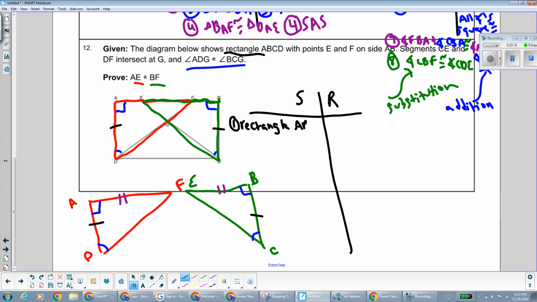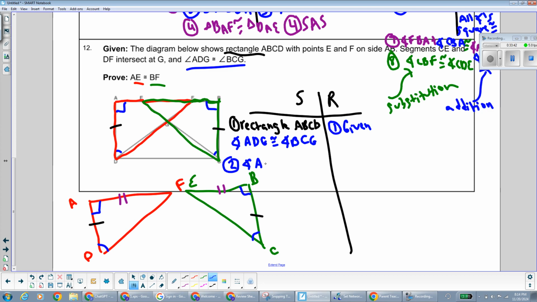Rectangle ABCD, angle ADG congruent to angle BCG. And that's given. And that's one of our angles for angle side angle. Let's do the right angles next.